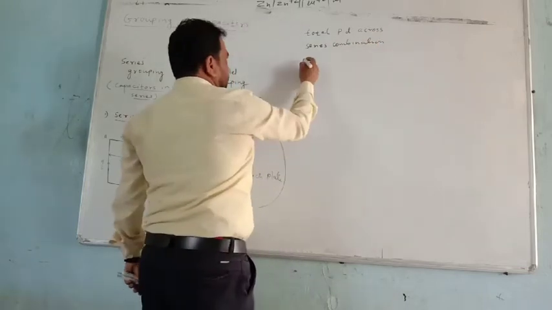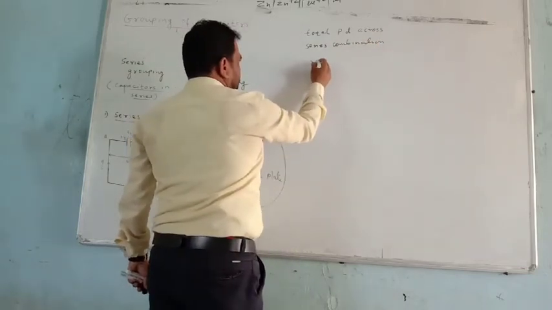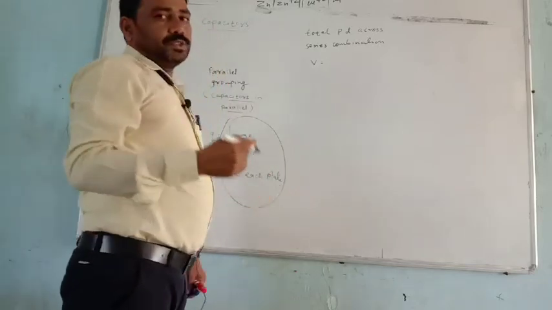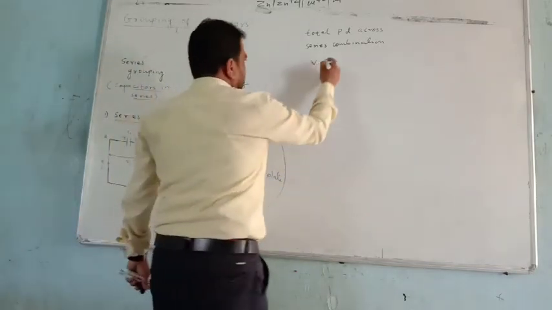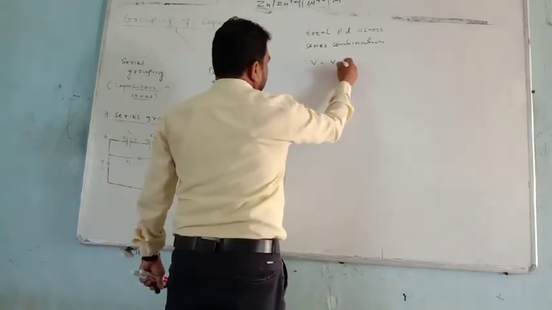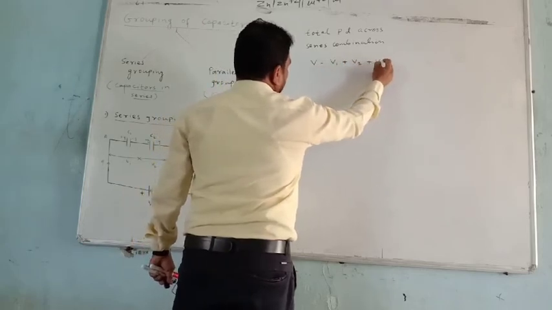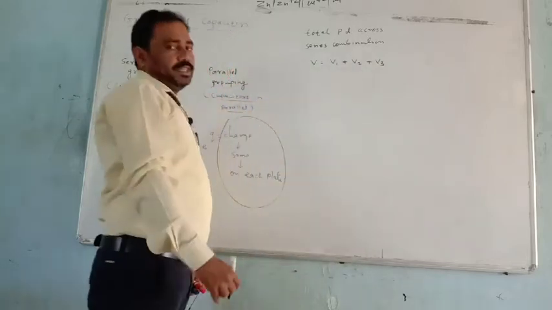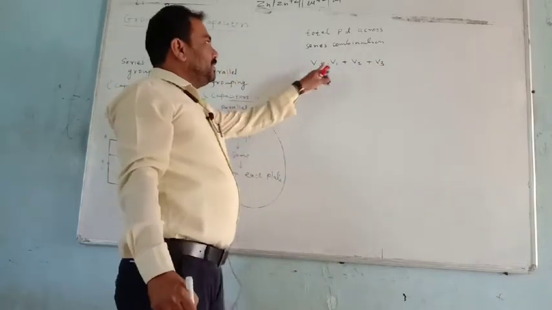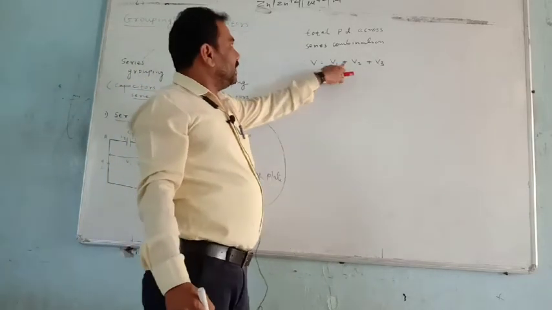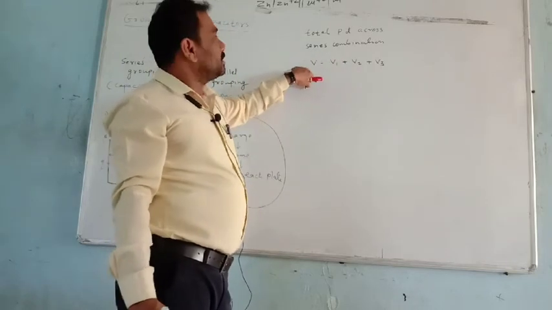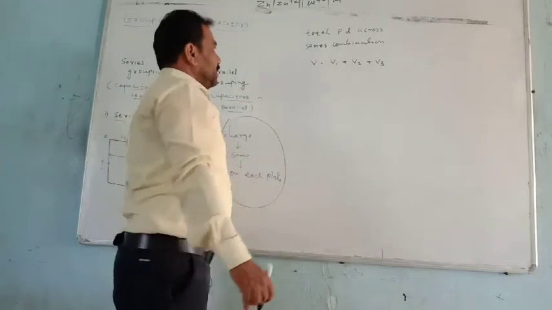So the total potential difference we can write as V. The total potential difference is the addition of the potential difference across C1, across C2, and across C3. So the addition of these three is exactly equal to the total potential difference across the series combination.